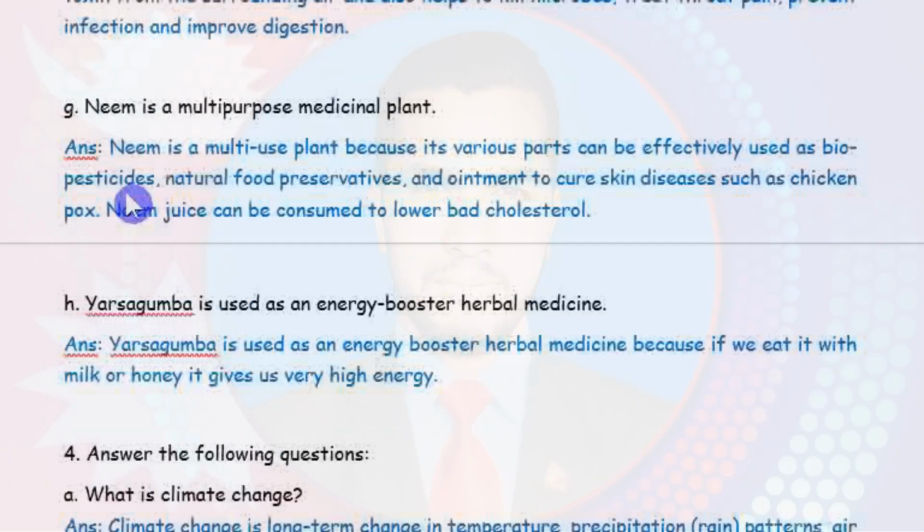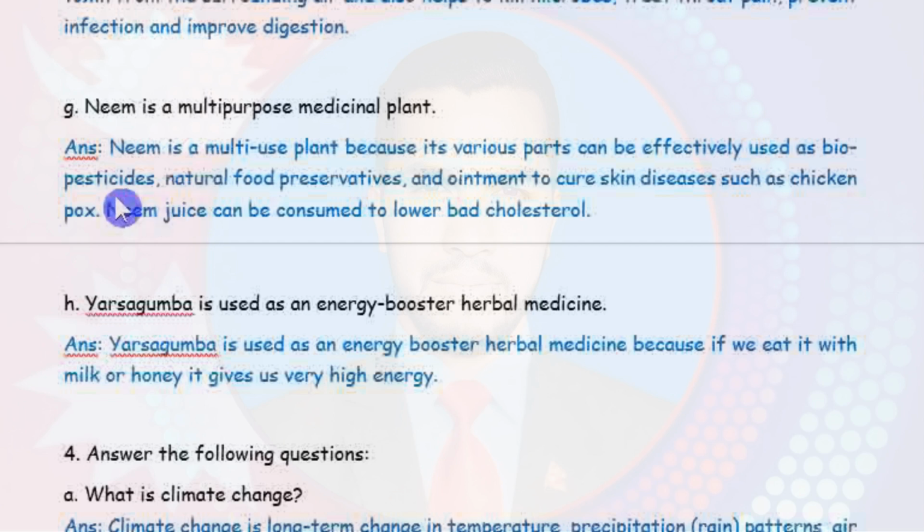Okay. G number. Neem is a multi-purpose medicinal plant. Neem is a multi-purpose medicinal plant, or we can say multi-use plant, because its various parts can be effectively used as biopesticides.